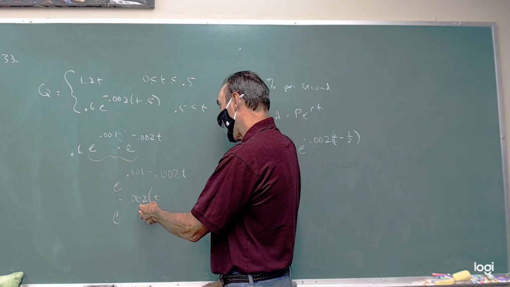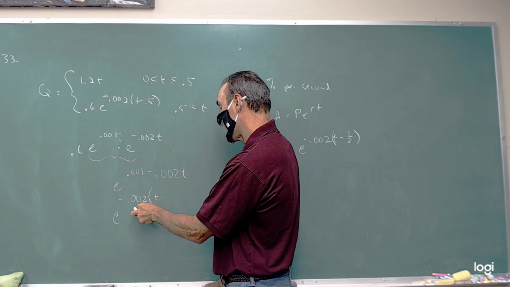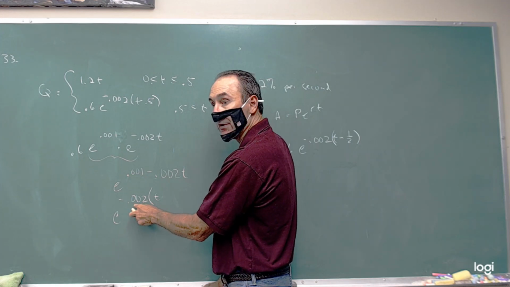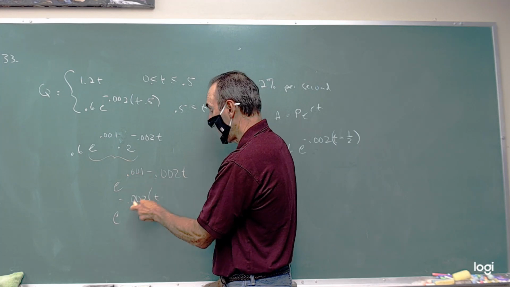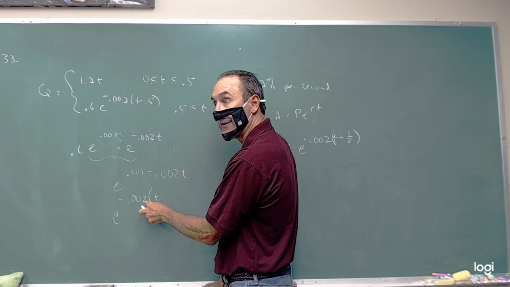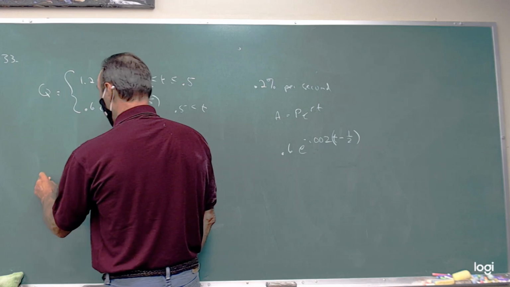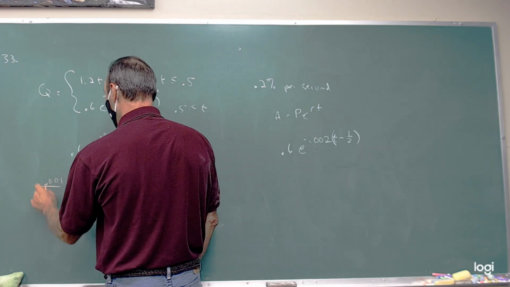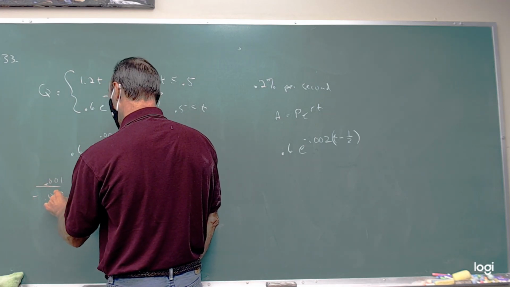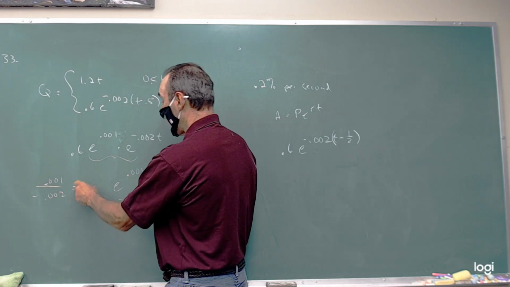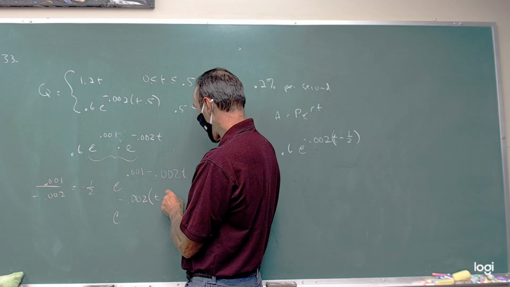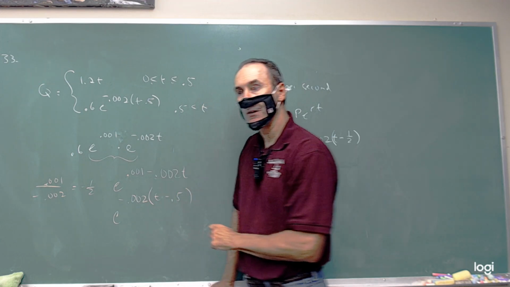So when you factor this out, you divide by this number. So when we take this and divide it by what we're factoring out, we're going to have 0.001 divided by a negative 0.002, which is going to be negative a half, which is our minus 0.5.